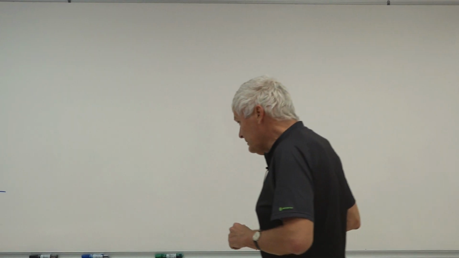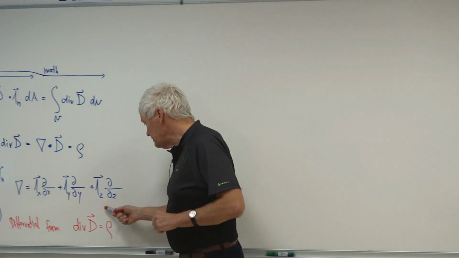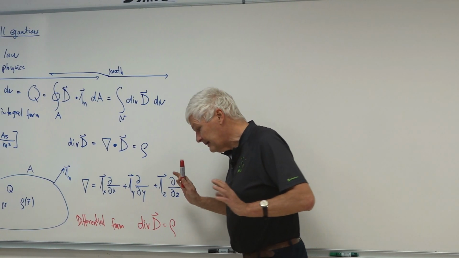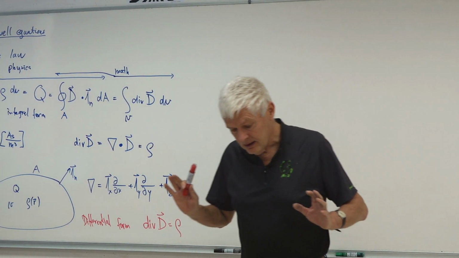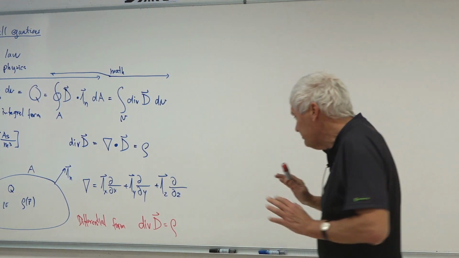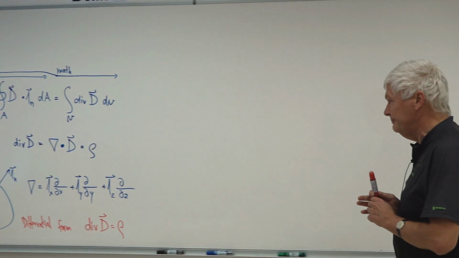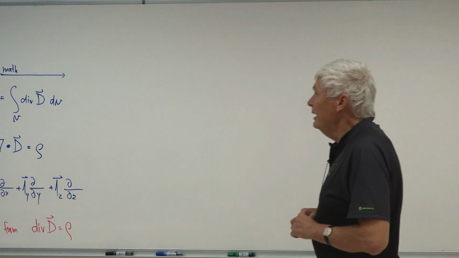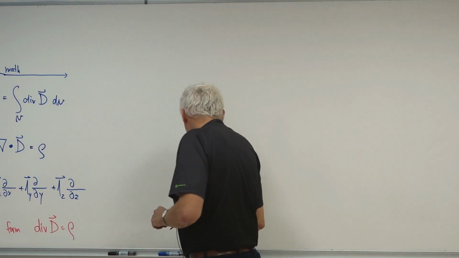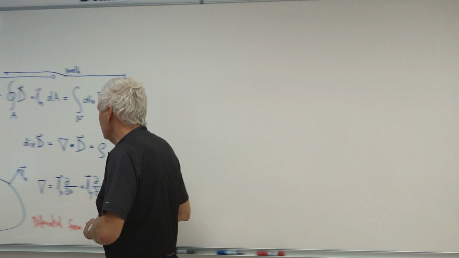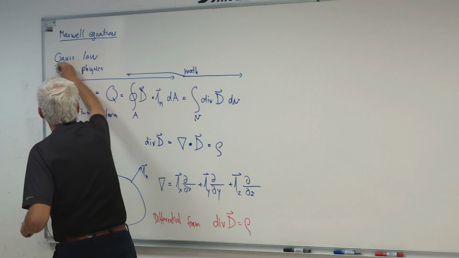So this is not affected by Einstein. It's not affected by the special theory of relativity. It has no power here, because we can make it arbitrarily small. And this is all we said about the Gauss law in differential form.